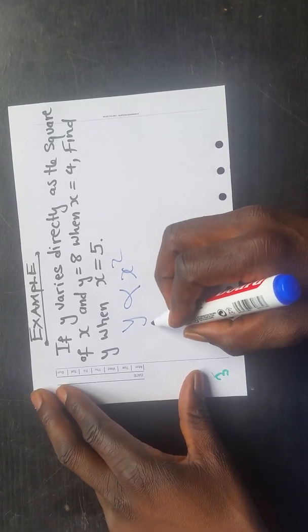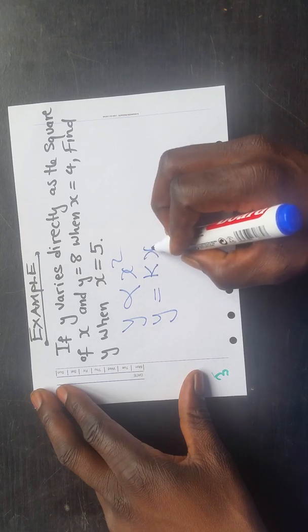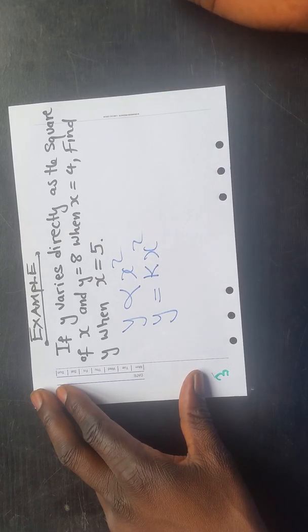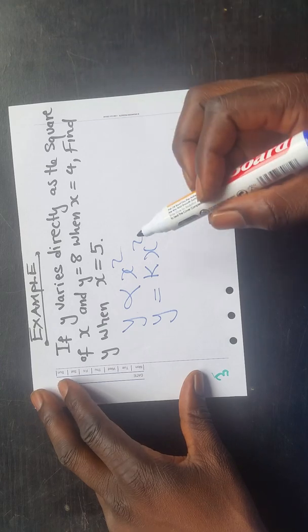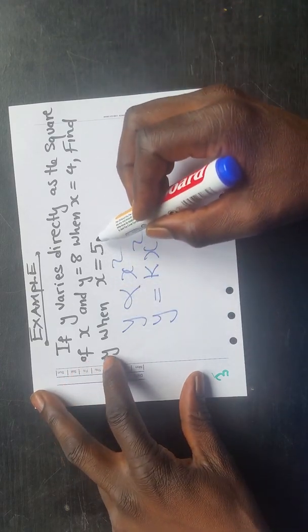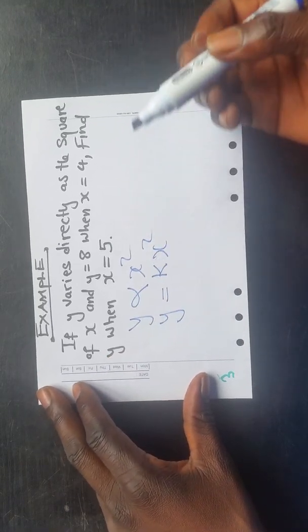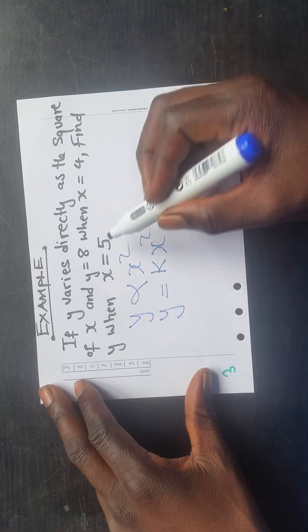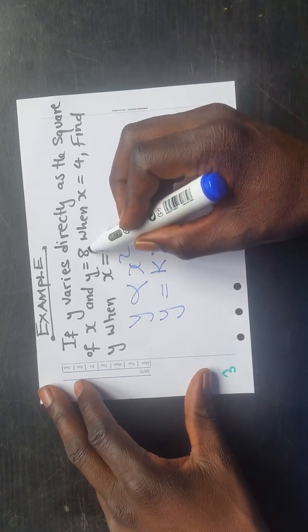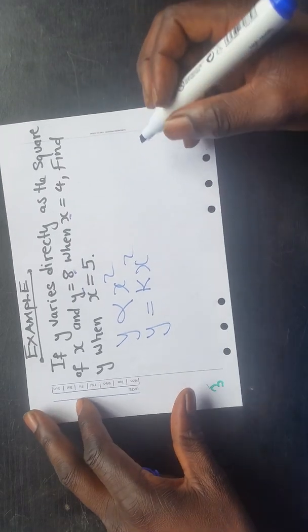To write an equation, we say y is equal to k, a constant, times x squared. Now we should find the value of y when x is equal to 5. We are going to use the first information to find the constant. Our first information is y is equal to 8 and x is equal to 4.